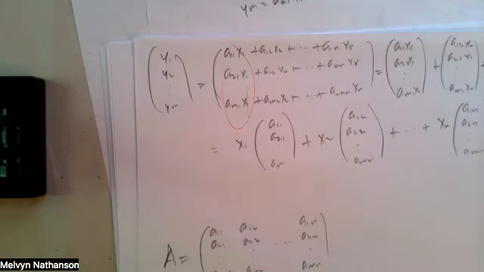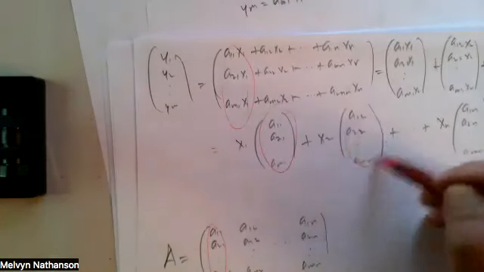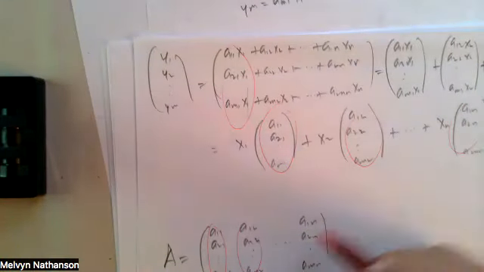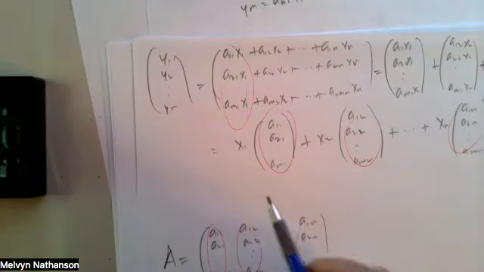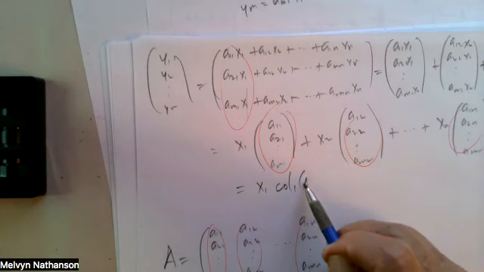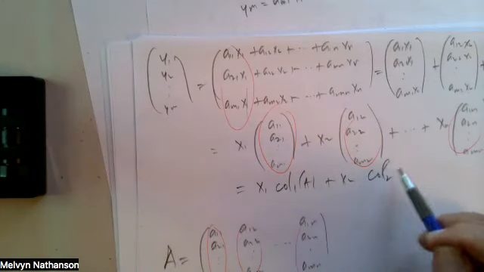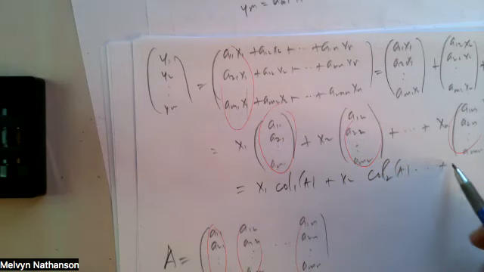And in this matrix, this is the first column. This is the second column and so forth. This is the nth column. What this is, is x1 times the first column of A plus x2 times the second column of A, up to xn times the nth column of A.